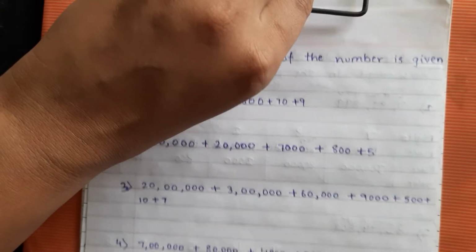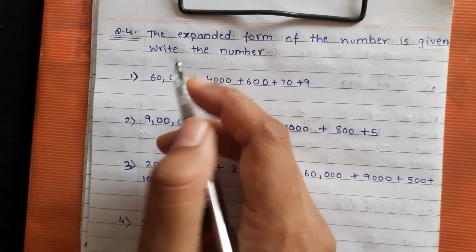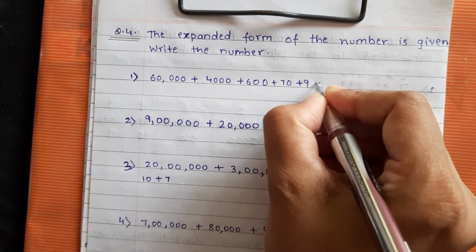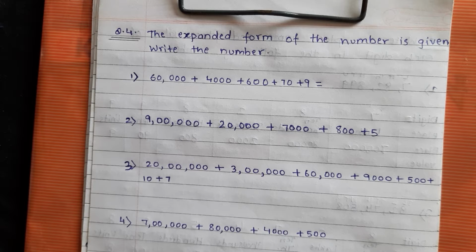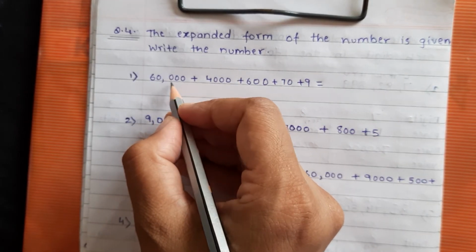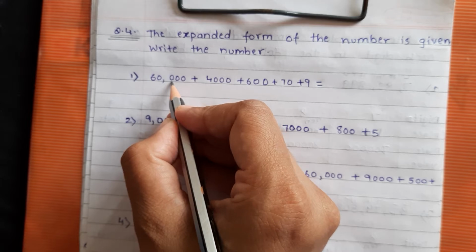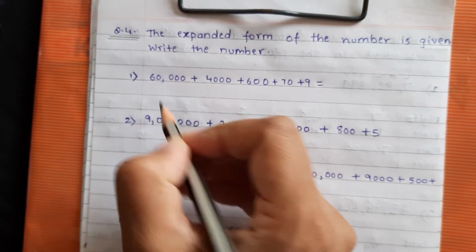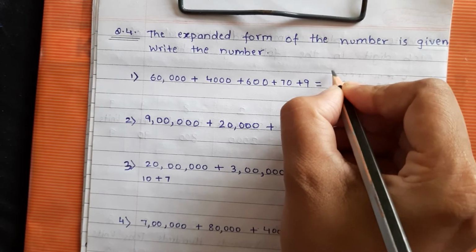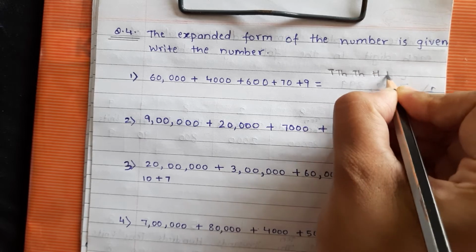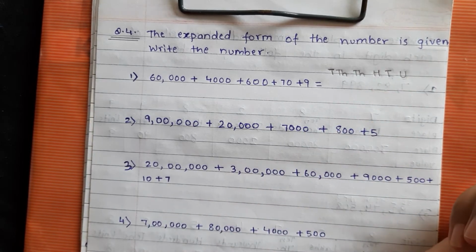Okay. So see the first example. What you will do while writing the number from expanded form is observe the first number. What is the first number? 60,000. It is a 5 digit number, means the 5 places will be 10,000, thousand, hundreds, tens and units.